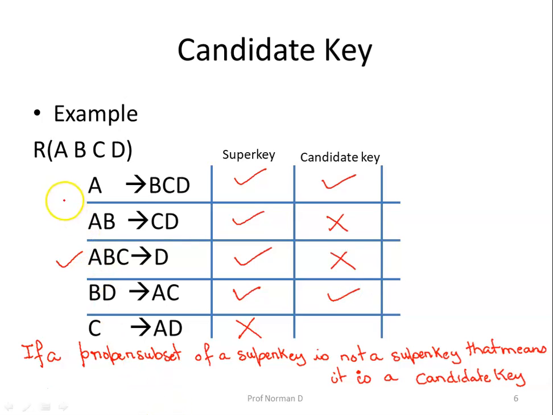So, given a relation R, we saw that A could be a super key, AB also could be a super key, ABC also was acting as a super key, BD was also acting as a super key. But out of all these super keys, we found out that only A and BD are acting as candidate keys. So basically the definition of a candidate key is nothing but a minimal super key is a candidate key.